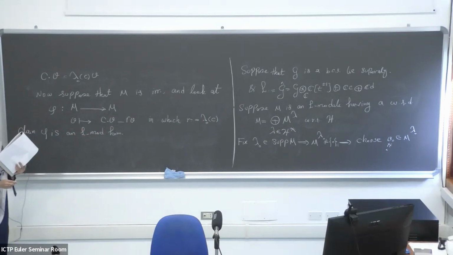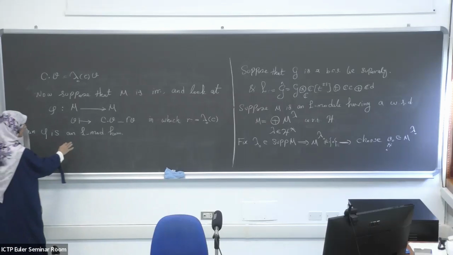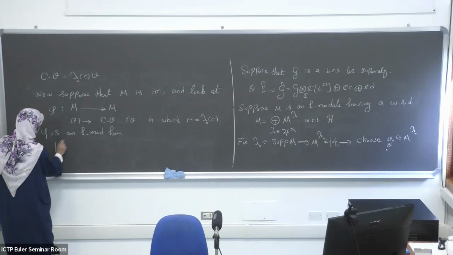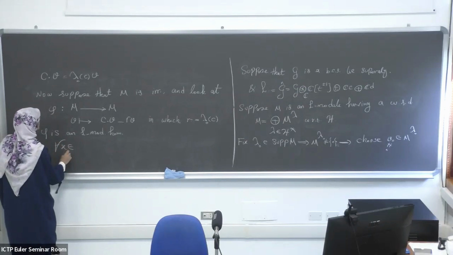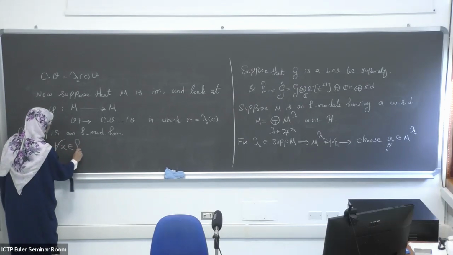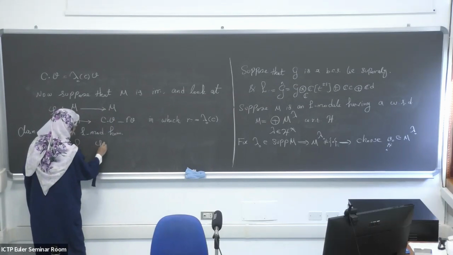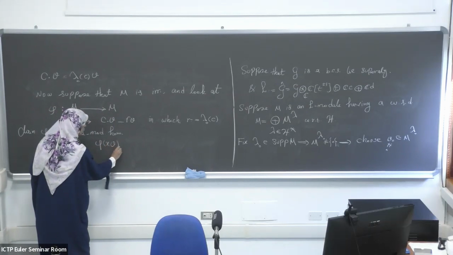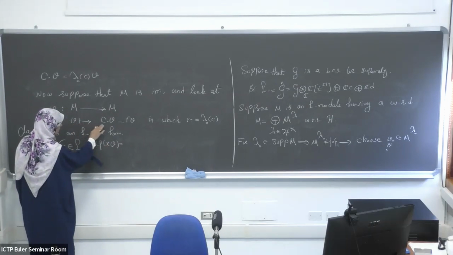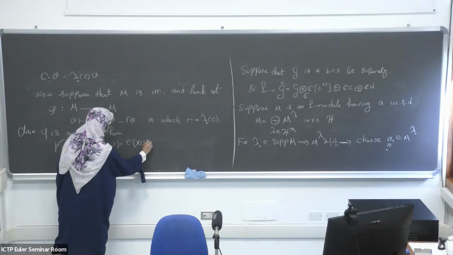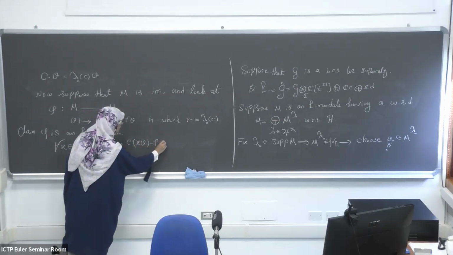Okay? It is clear that phi is a linear homomorphism. So we just need to check the module action. For each x belongs to L, we have phi xv equals, by the definition, C xv minus R xv.